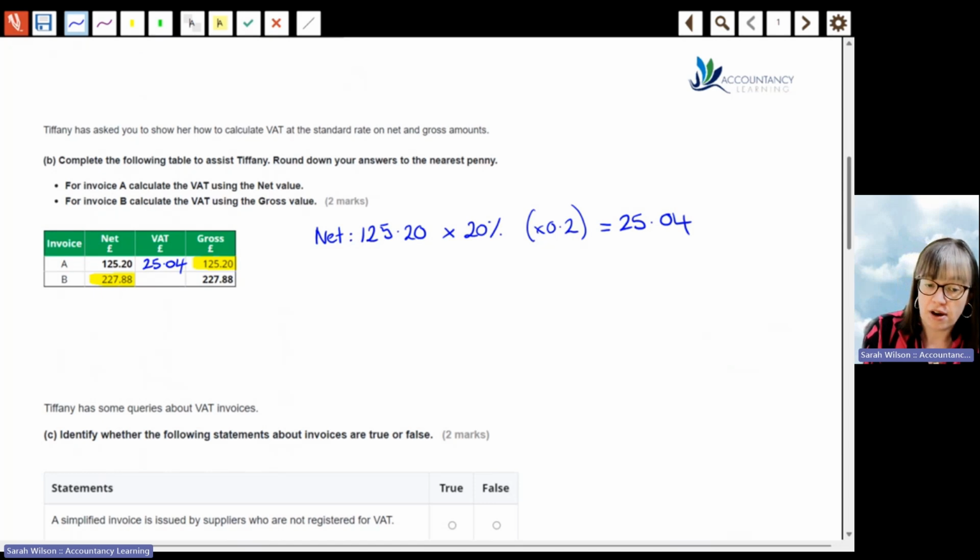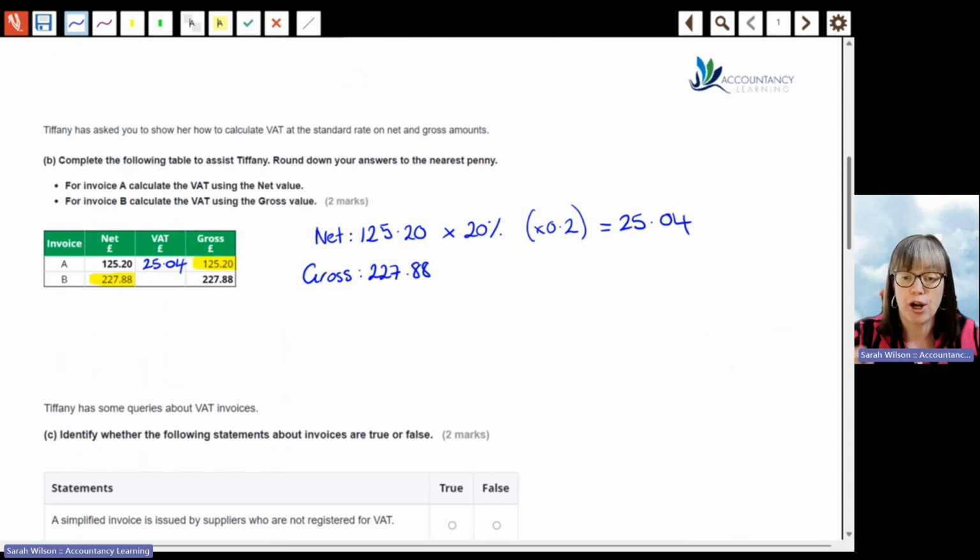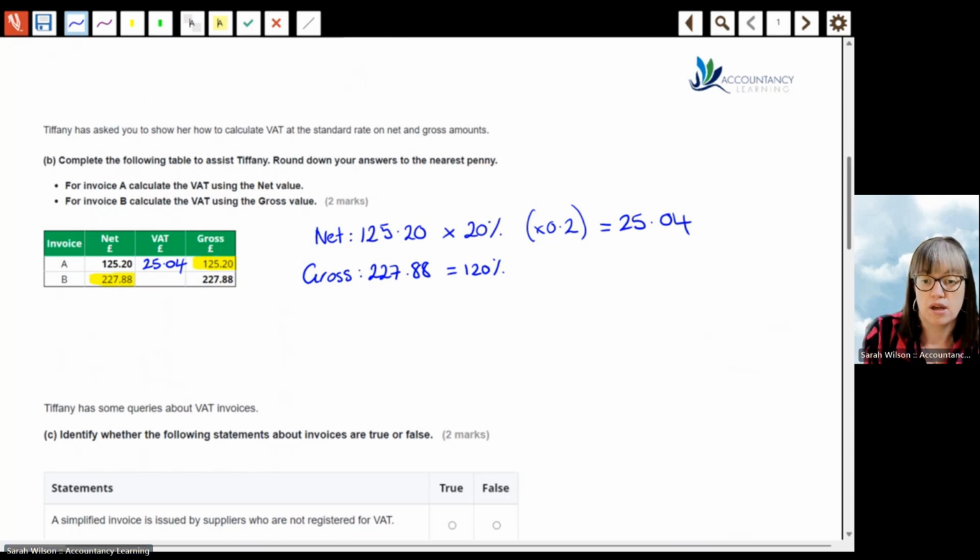For invoice B though, we have to use our gross figure, which is £227.88. So that figure already includes the VAT at 20%. So this figure is equal to 120%. The two ways of calculating it depend on whether you prefer decimals or not.